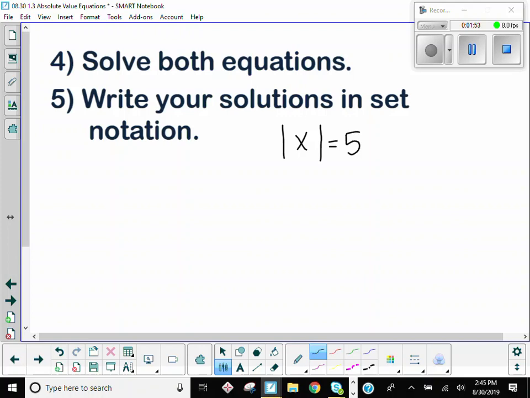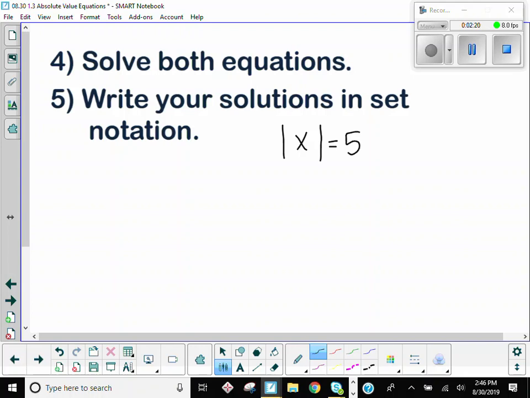It's an equation because there's an equals, there's a variable, and if I asked you, what two numbers would satisfy that equation, what would you tell me? What two numbers would make that true? 5 and negative 5. I'm hearing 2 and 3. Were you just giving me something that adds to 5?